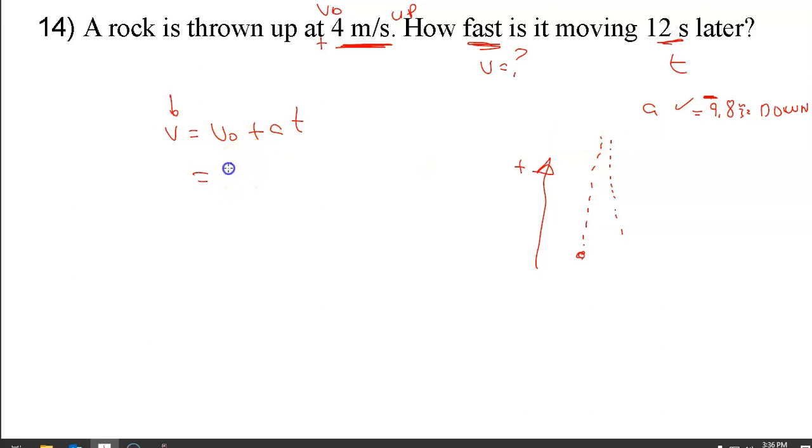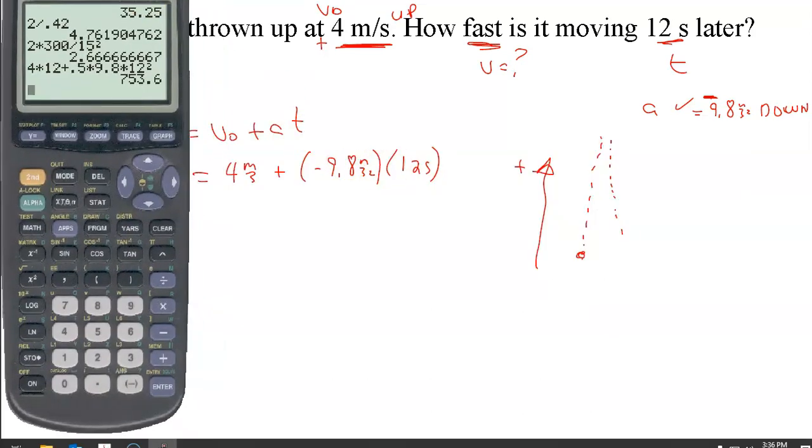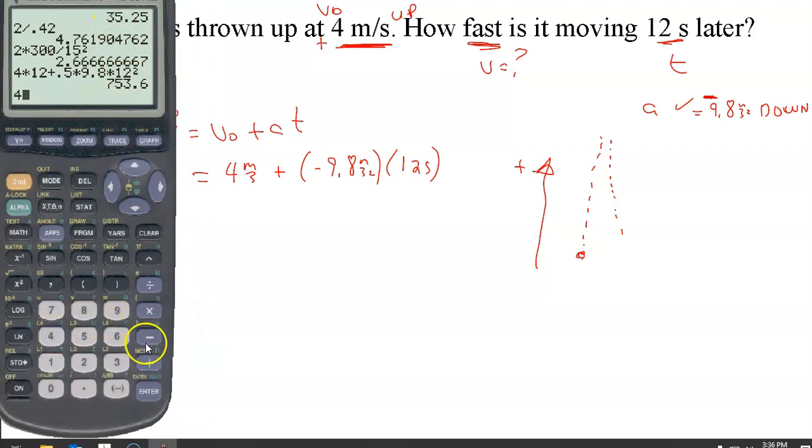Okay? If I do it that way, I got a 4 meters per second plus negative 9.8 meters per second squared times the time is 12 seconds. And here I've got 4 plus negative 9.8 times 12 is negative 113.6.